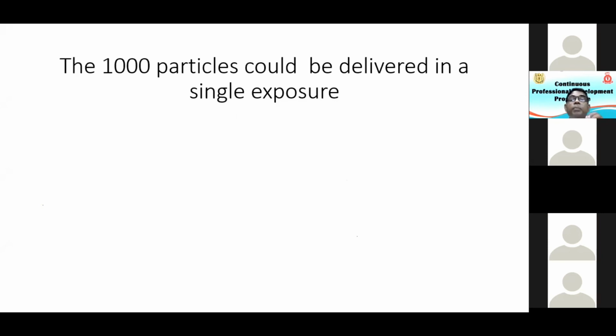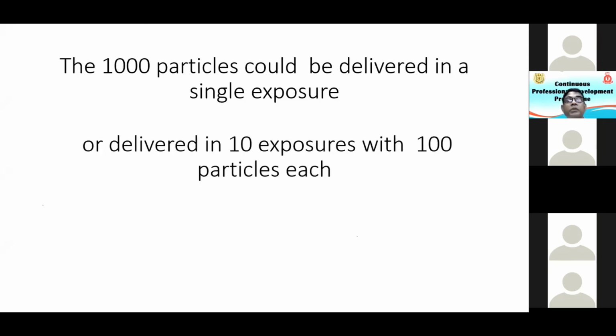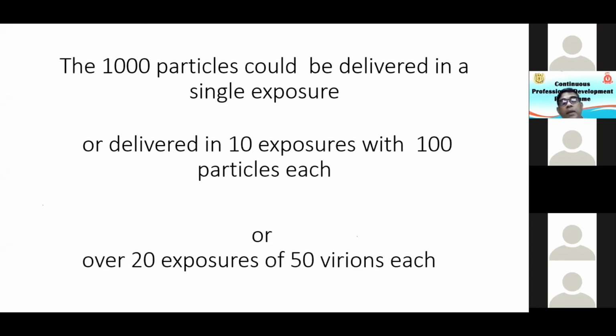The 1,000 particles could be delivered in a single exposure, or this 1,000 can be delivered in 10 exposures of 100 particles each, or in 20 exposures of 50 virions each. That means you can get the disease from a single exposure or gradual exposures over time.